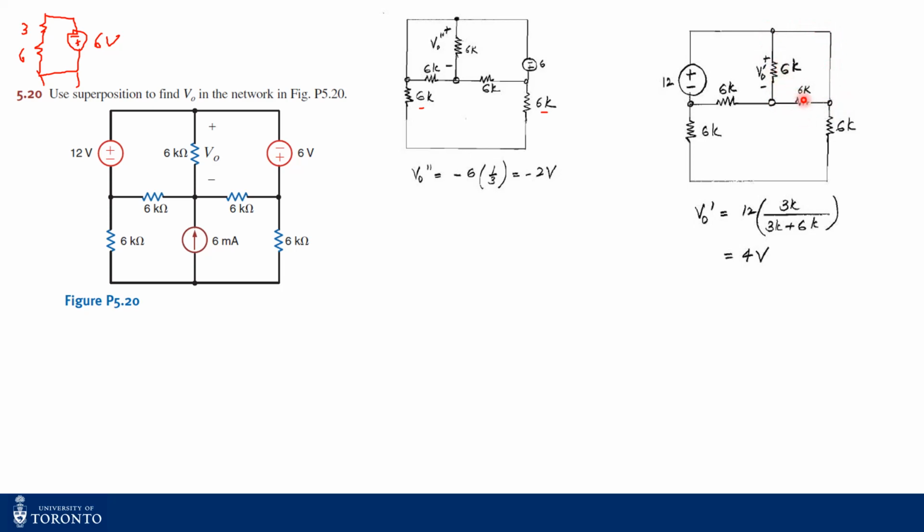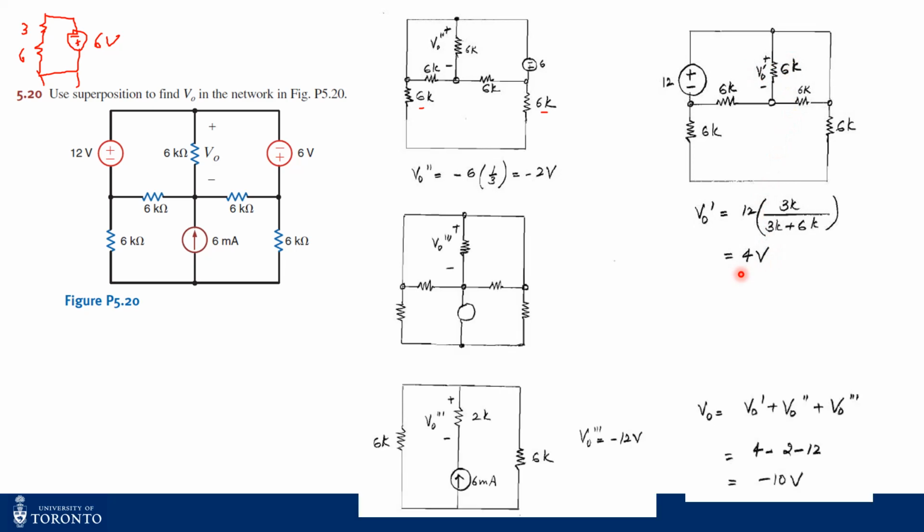So it becomes a 3 kilo ohm resistance in series with this 6 kilo ohm resistance. And they are in parallel with this 12 volt source, right? So now we apply another voltage divider to find out the contribution to be 4 volt. And now there is no negative polarity because the plus of the voltage source and the plus of the V naught are in the same direction. So therefore, there is no opposite polarity.